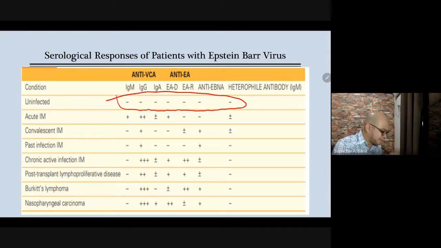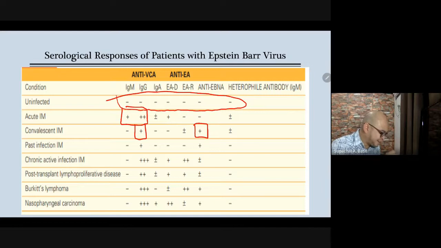Patients with acute infectious mononucleosis would be positive with both IgM and IgG and would have variable results with other markers. Patients in the convalescent stage would be positive with IgG only, but negative with IgM, and they are also positive for anti-EBNA.